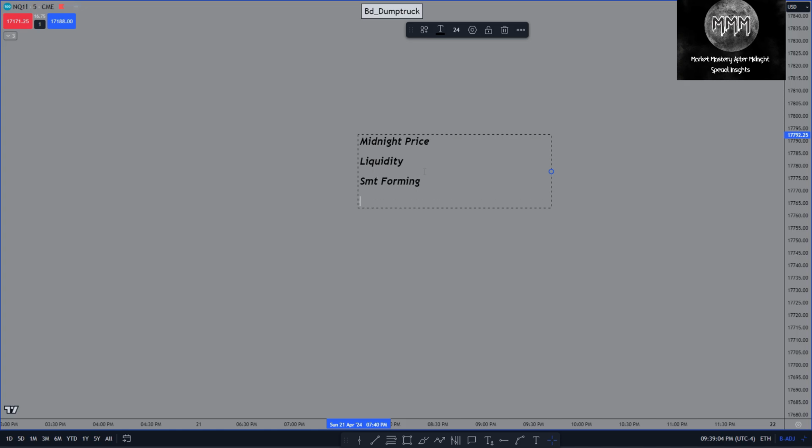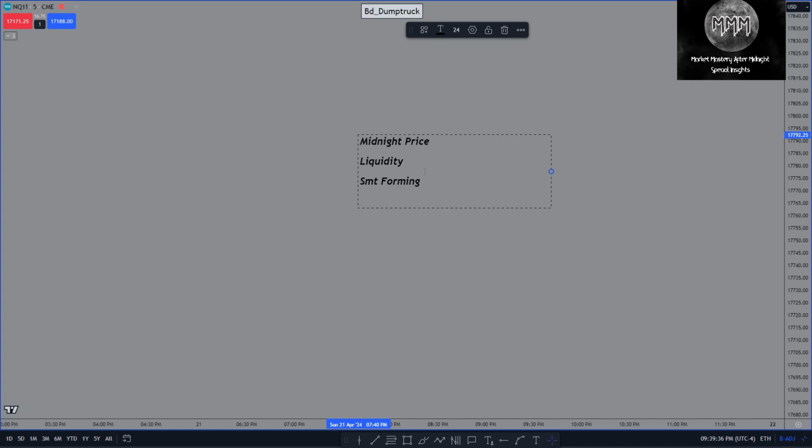So after liquidity swept, that is when we're going to see that SMT forming, because that is what creates SMT. It is when we are having offset distribution between correlating assets. So when we are seeing the NASDAQ and the ES both make a higher low while the Dow made a lower low and we're bullish, then we're looking to buy there.